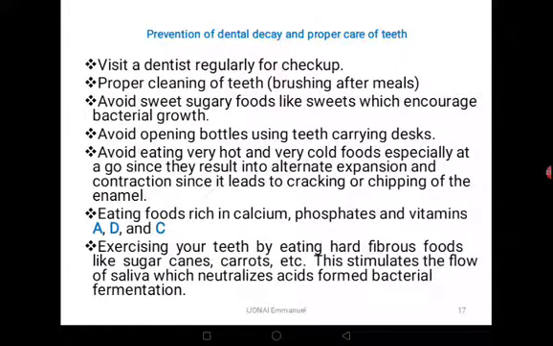So how do we prevent tooth decay or dental decay? If you want to prevent dental decay, then you must care well for your teeth. These are some of the ways in which you can ensure that your teeth are always healthy. The first one is to visit the dentist regularly for a checkup.